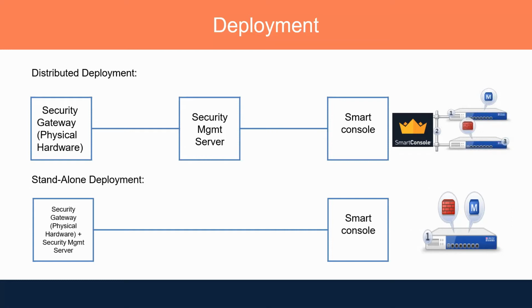If we don't have a physical device, Checkpoint also provides virtual machines that we can deploy on Hyper-V or VMware ESXi. But in a distributed deployment, you would install all three components on different machines.